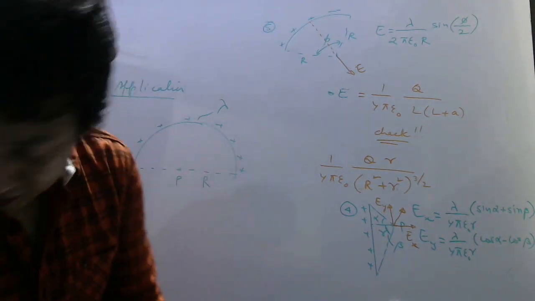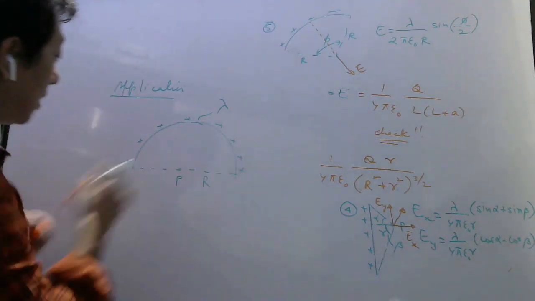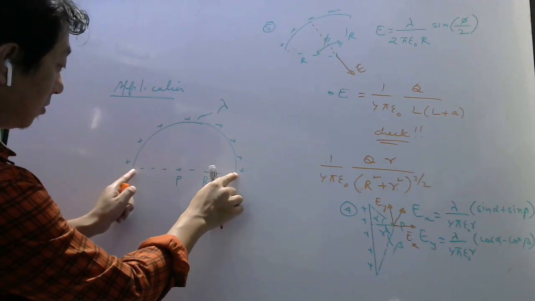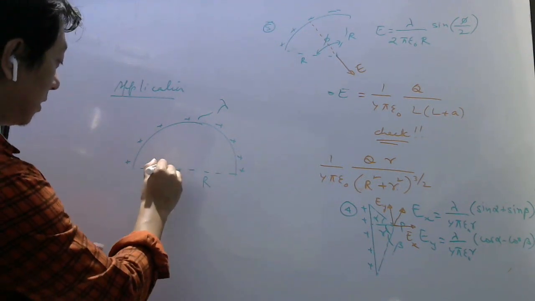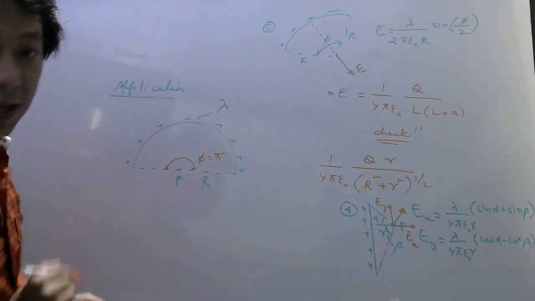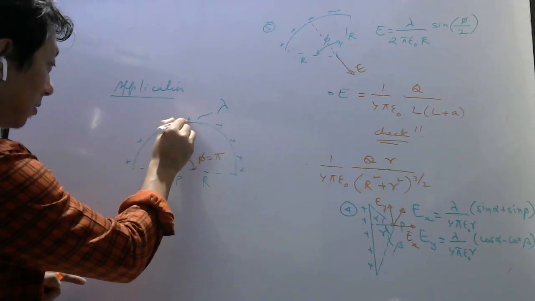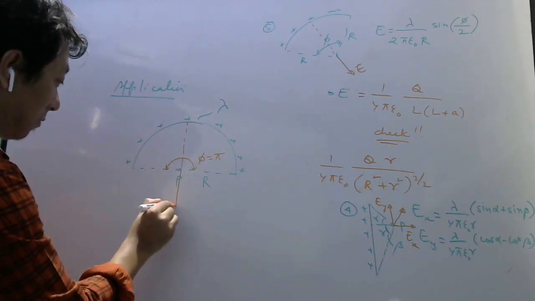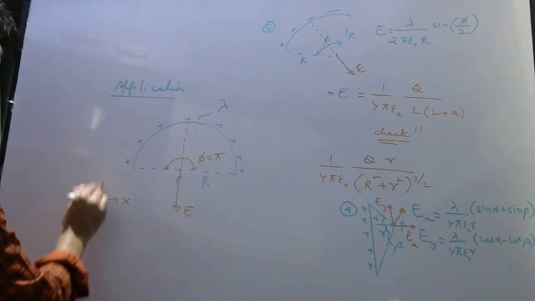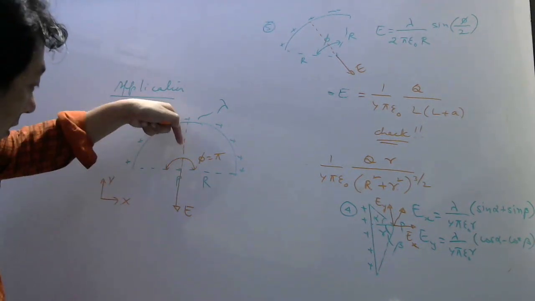So how to find? First you tell me the direction. Direction, I told you, is the bisector of this angle, right? So from these two endpoints, you draw these lines. So this is your phi. And what is phi? Pi. Then you draw the bisector, and electric field will be along the bisector. If this is the x-axis, this is the y-axis, electric field is along the negative y-axis.